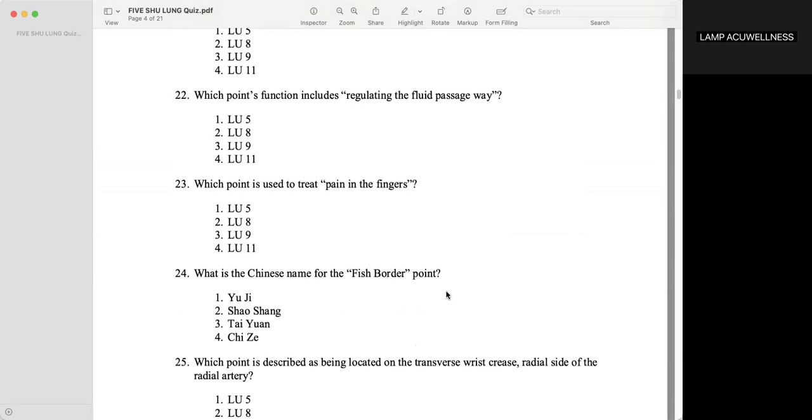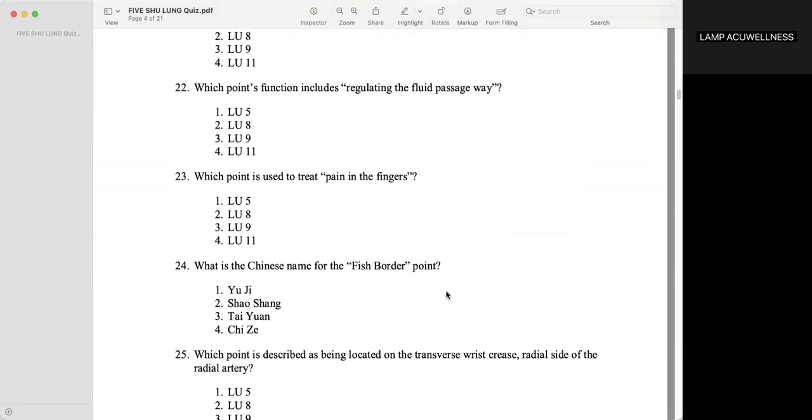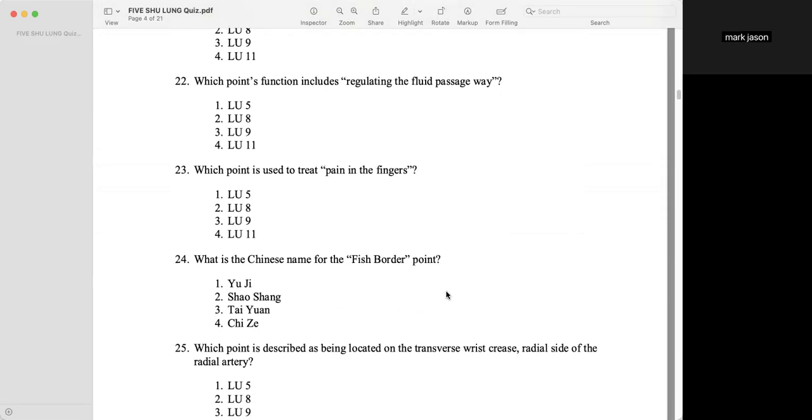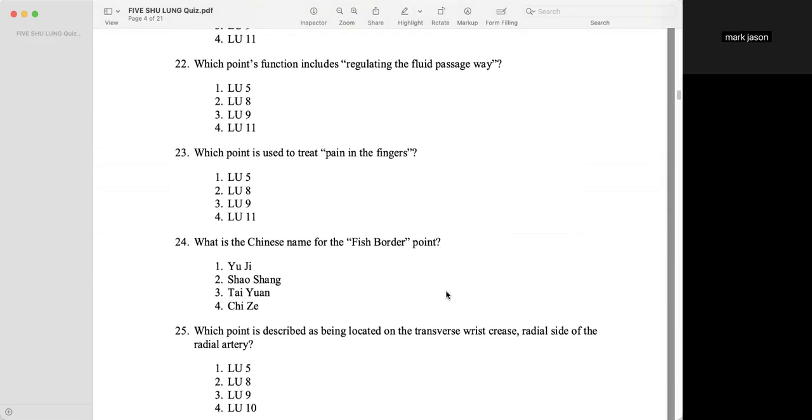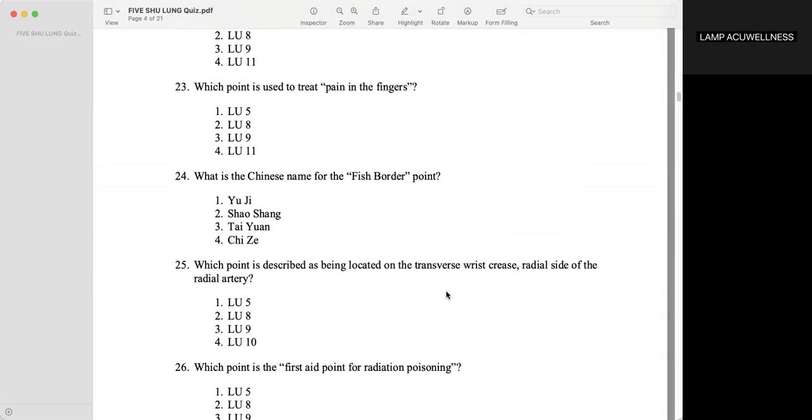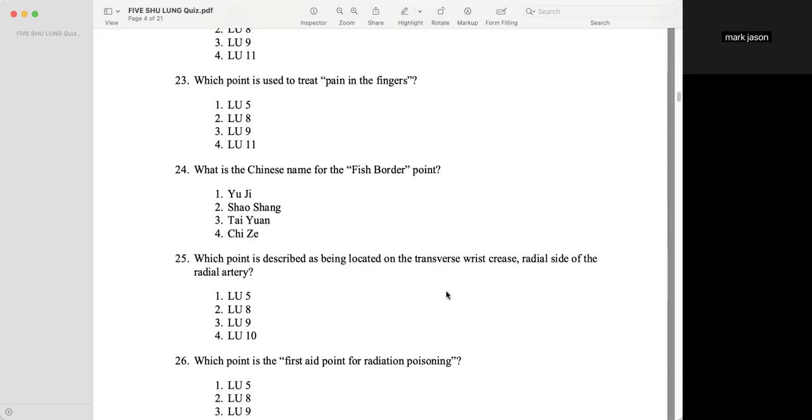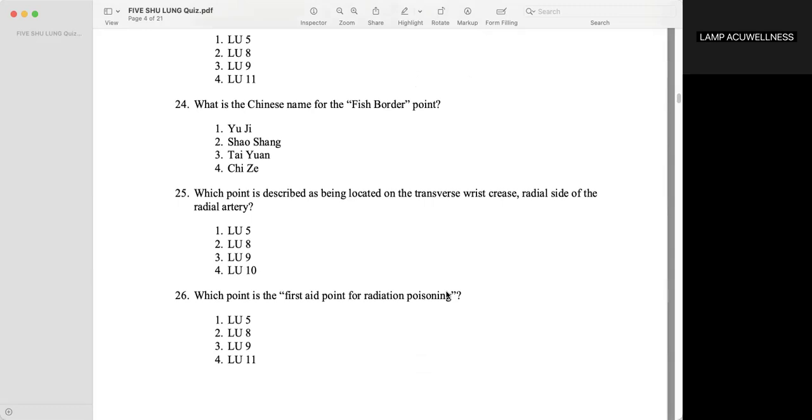Which point's function includes regulating the fluid passageway? Lung 5, number 1.